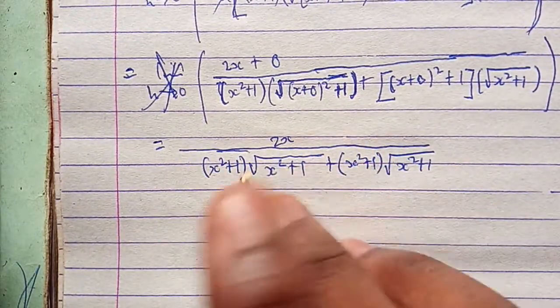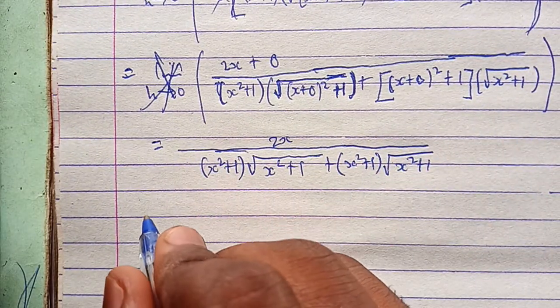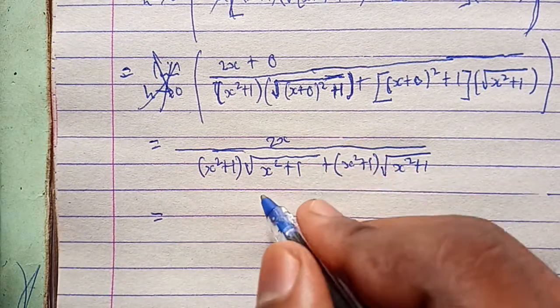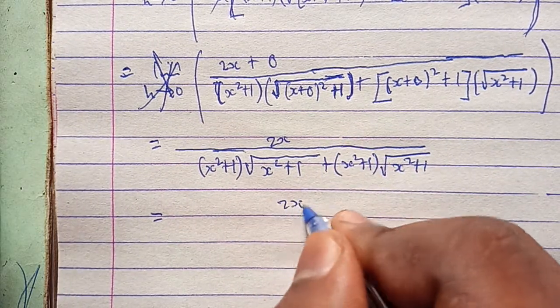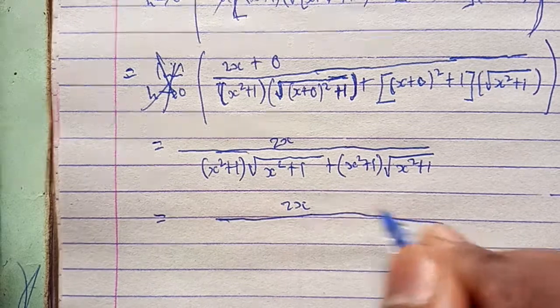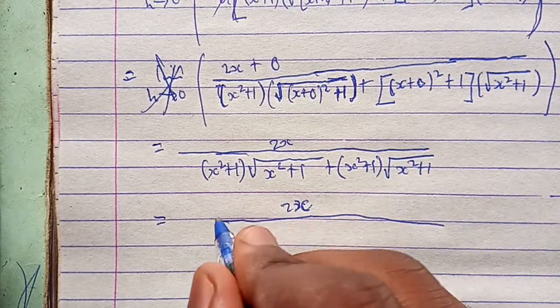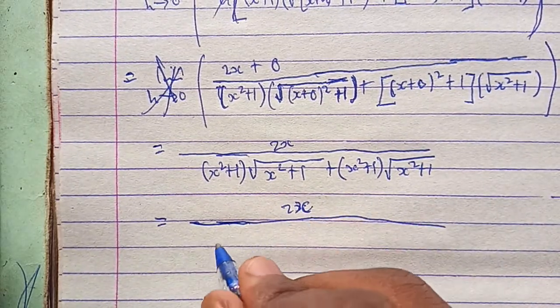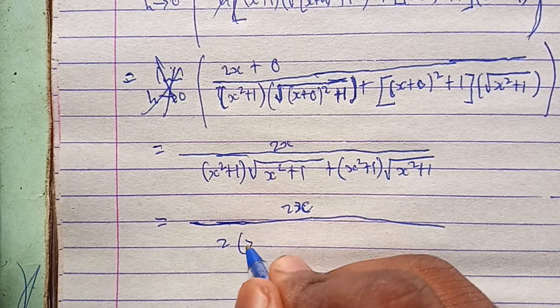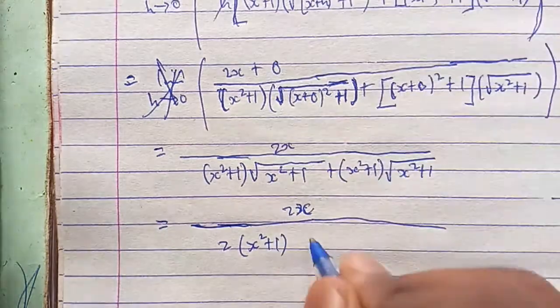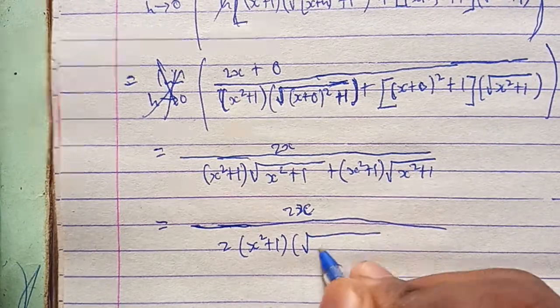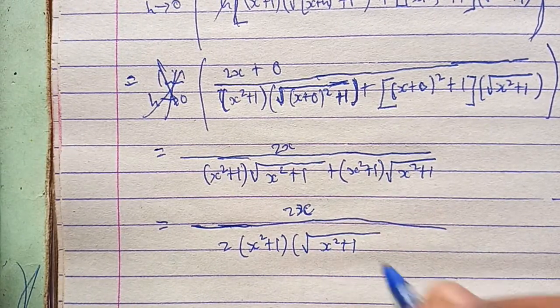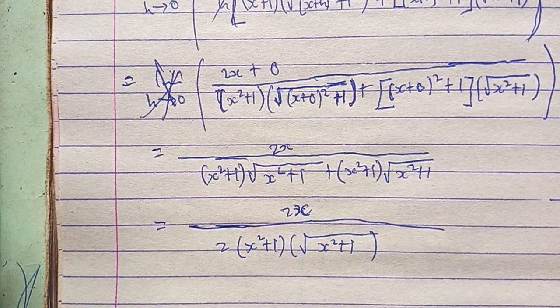They are the same expressions, so we can add them. We will have 2x all over, then we'll have 2 multiplying by x squared plus 1 multiplying by square root of x squared plus 1. Have you seen that, guys?